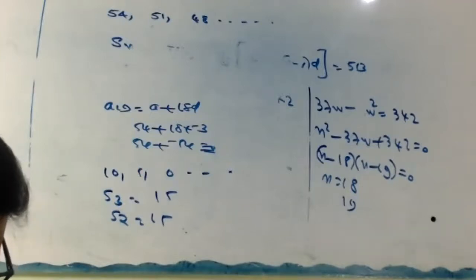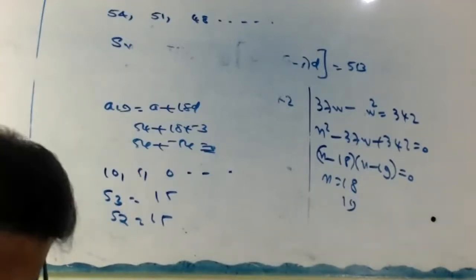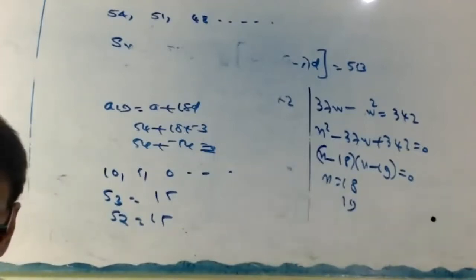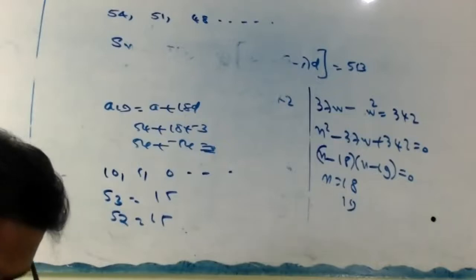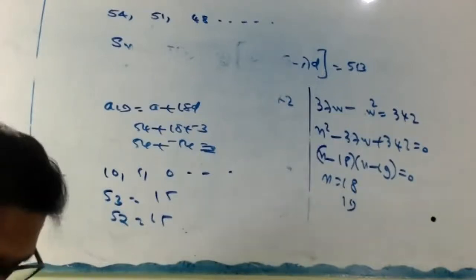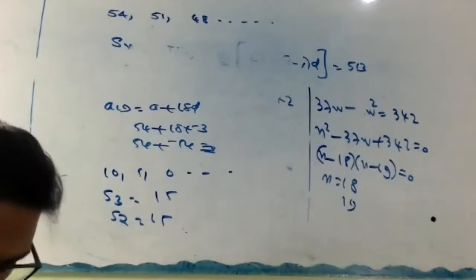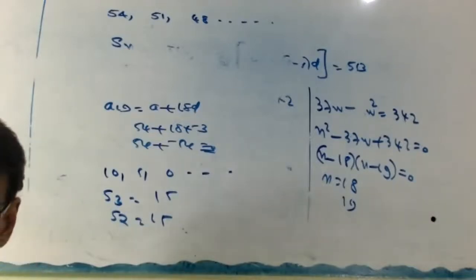Explain the double answer. Okay, do it now. The AP is 45, 39, 33, etc., and the terms must be taken so that the sum is 180. Explain the double answer. Okay, do first.